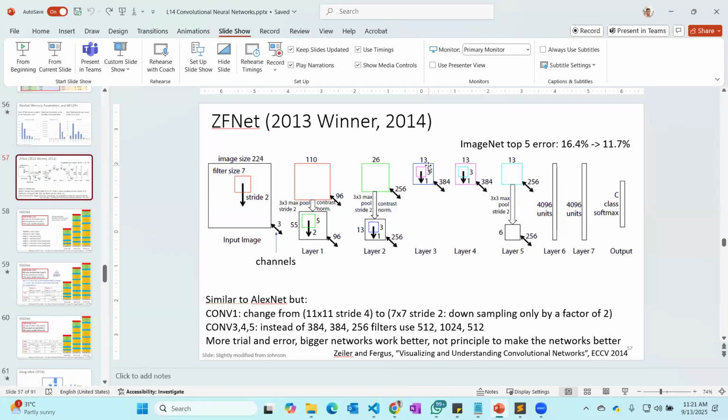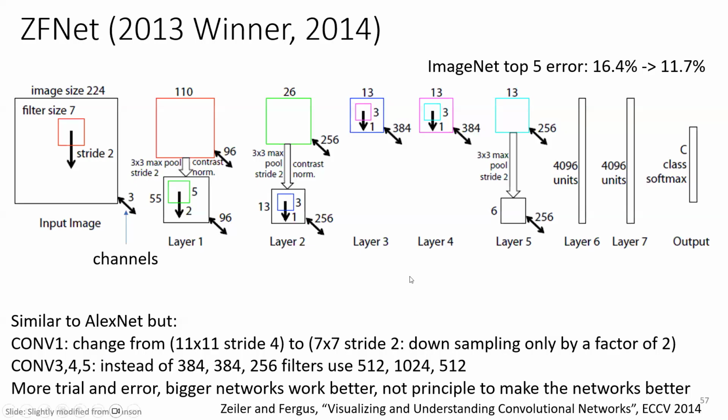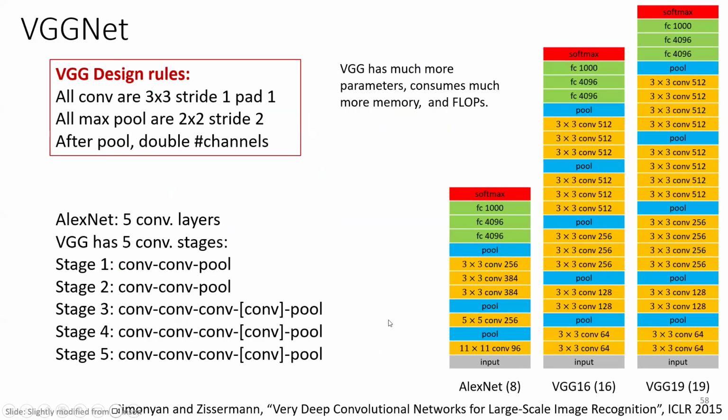And then we stopped here. After AlexNet, ZFNet, Zeiler and Fergus's network, came as the 2013 winner. It is similar to AlexNet, but they made some changes. I will not go into details about this. Then came the VGGNet.